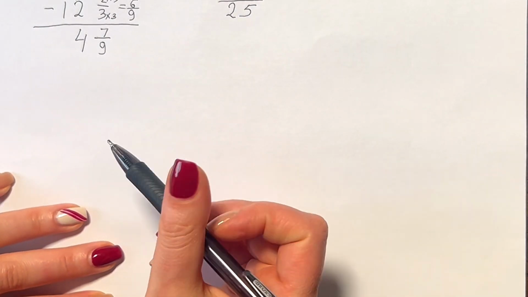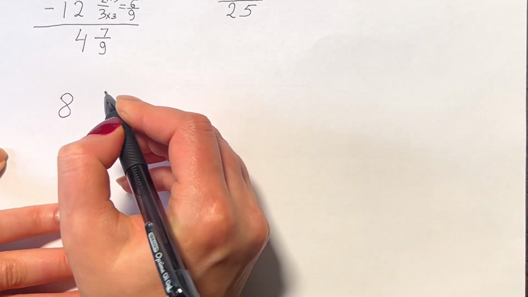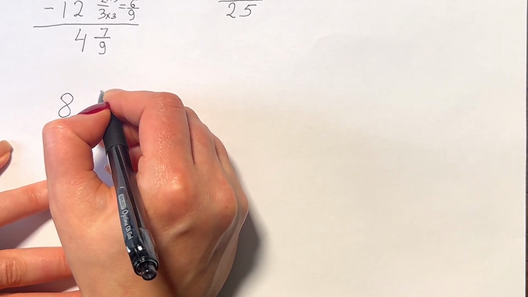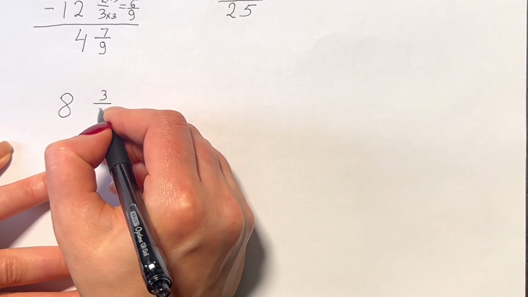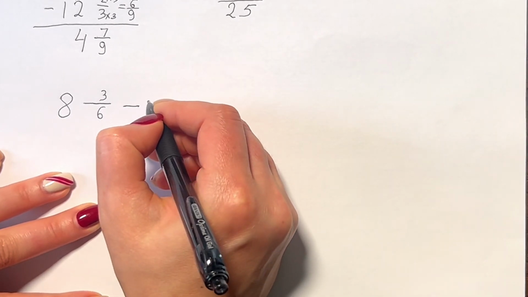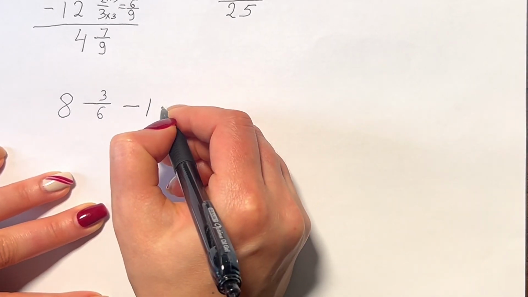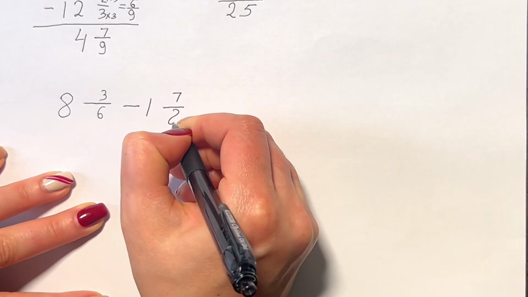Let's try to do another example. 8 and 3 over 6 minus 1 and 7 over 8.